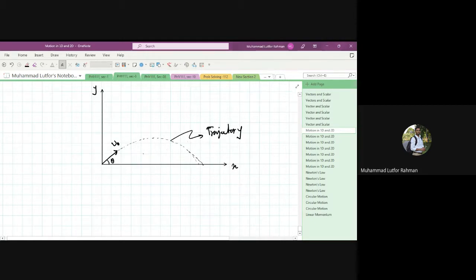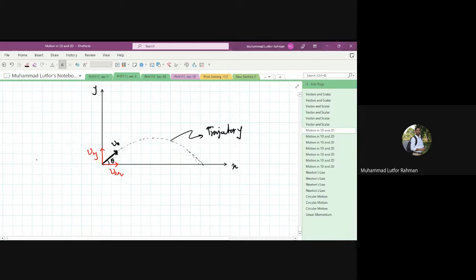Remember, when you project that particle, you can find the components of this vector in two directions. One would be this one, which is the initial velocity along the x direction. Another would be that direction, which is the initial velocity in the y direction. I just split that total initial velocity, which is v naught, into its components, v naught x and v naught y. v naught x is the initial velocity in the x direction, and v naught y is the initial velocity in the vertical direction.